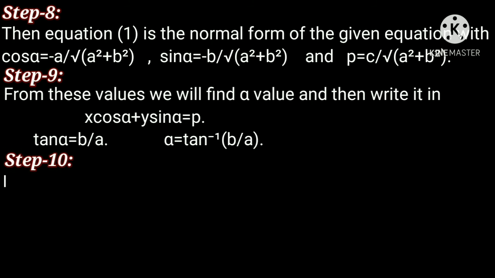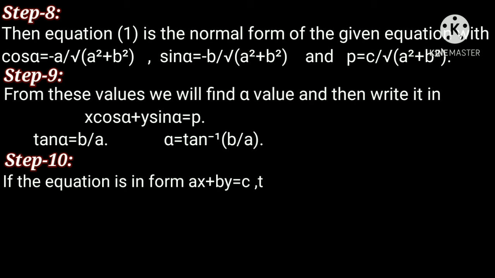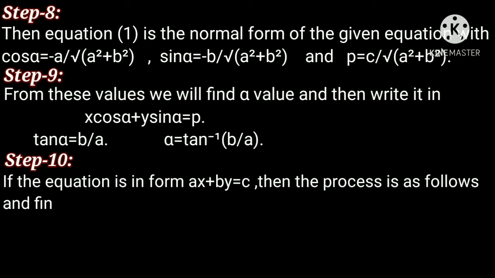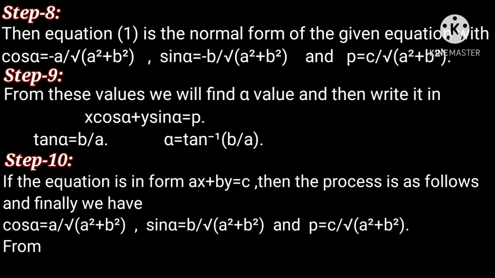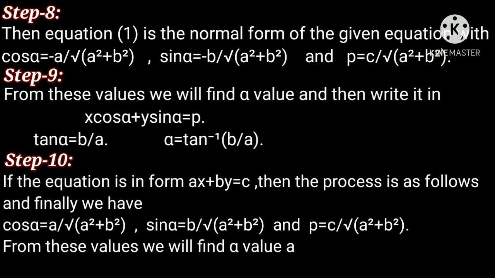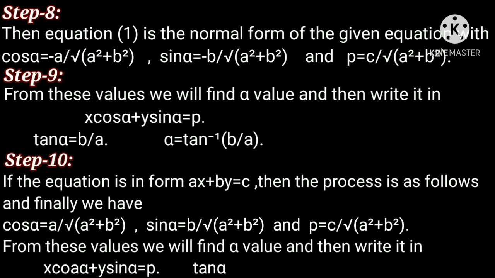Step 10. If the equation is in the form ax plus by equal to c, then the process is as follows, and finally we have cos alpha equal to a by square root of a square plus b square, sin alpha equal to b by square root of a square plus b square, and p equal to c by square root of a square plus b square. From these values, we will find the alpha value and then write it in x cos alpha plus y sin alpha equal to p.